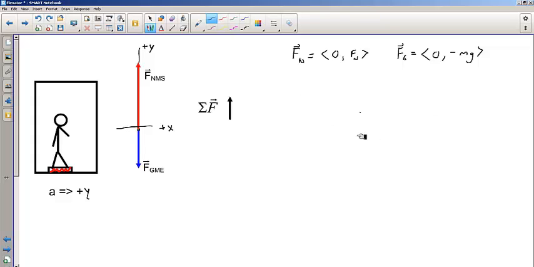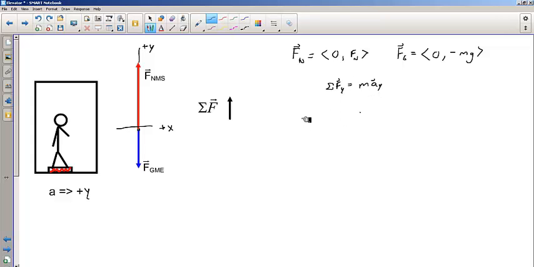Okay, so now we can use Newton's law. The sum of the forces here are not going to equal 0, but we do know that the sum of the forces in that y direction have to equal the mass times the acceleration in that y direction. Right? This is Newton's second law. It's saying if you do have a net force, which we know we will, then that net force must equal the mass of the system times the acceleration of the system.